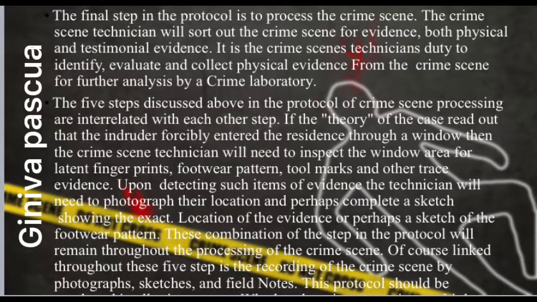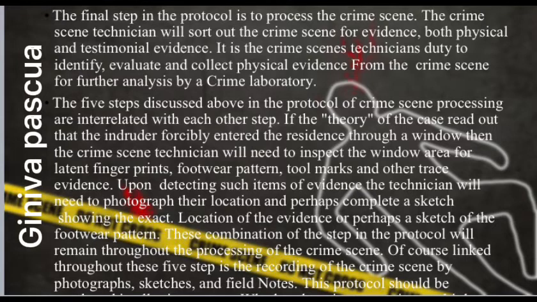Upon detecting such items of evidence, the technician will need to photograph their location and perhaps complete a sketch showing the exact location of the evidence, or perhaps a sketch of the footwear pattern.